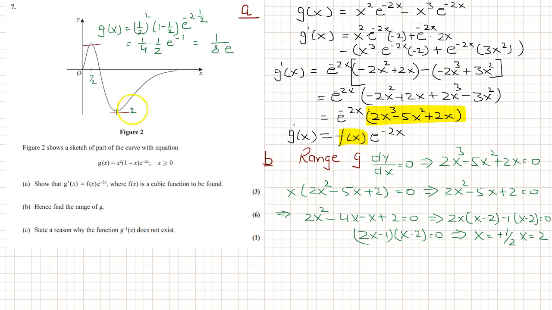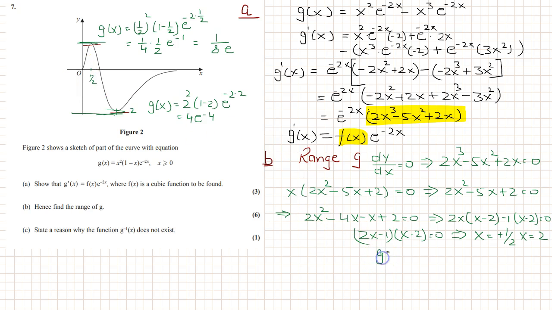And if it is 2, so g(x) will be 2 square, 1 minus 2 is to the power minus 2 into 2. So that will be 4 e to the power minus 4. So the range is this and this. This is the range.